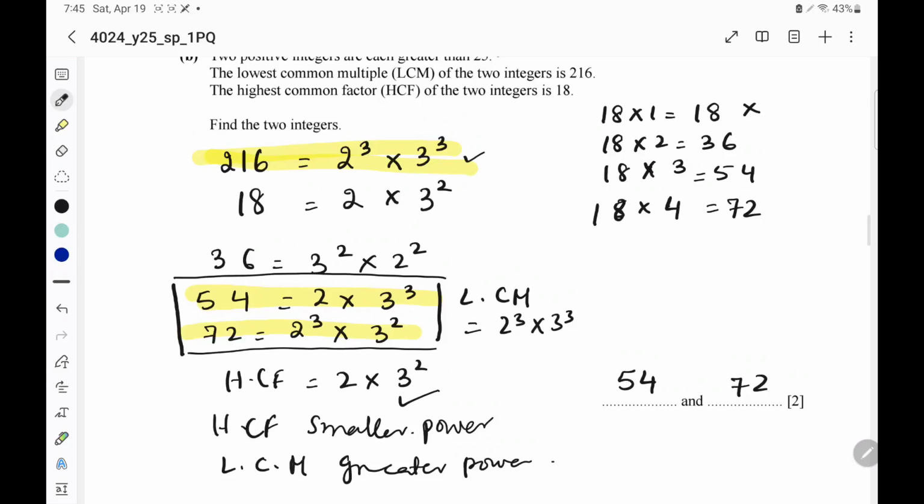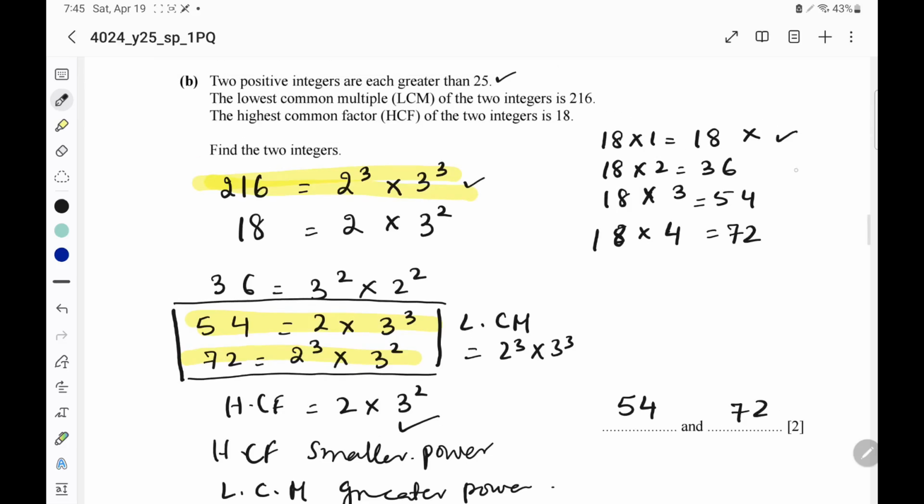First of all, what did we do? We found 216 is 2 cube into 3 cube, and 18 is 2 into 3 square. We know that the HCF is 18, so both numbers must come in the table of 18. So we try 4 numbers: 18 times 1 is 18, 2 times is 36, 3 times is 54, 4 times is 72.